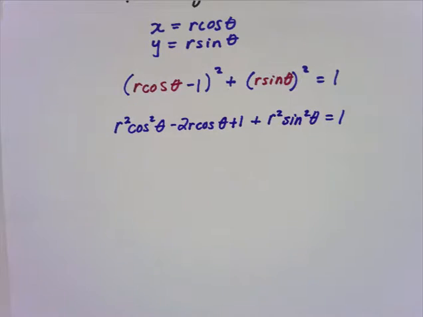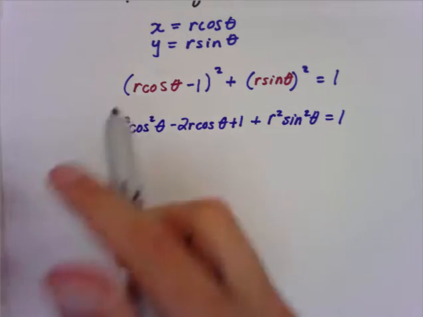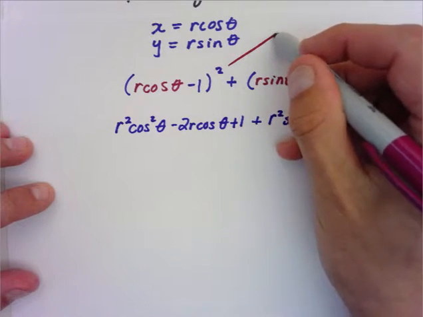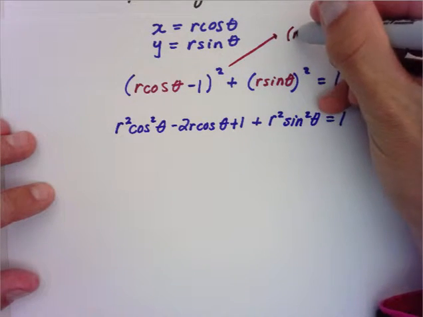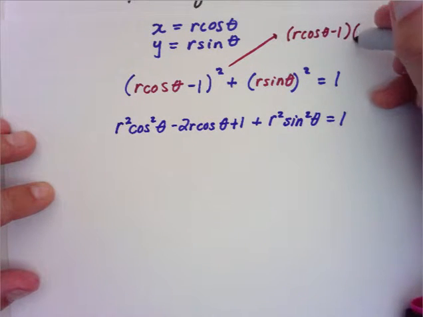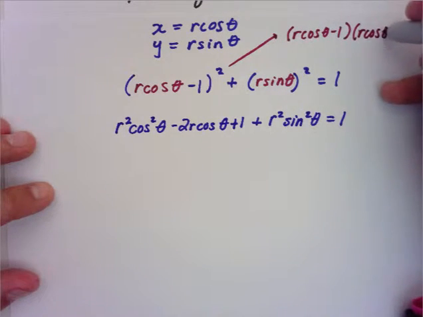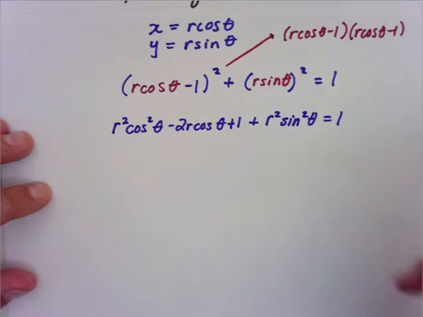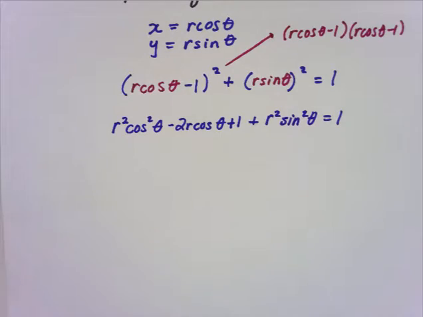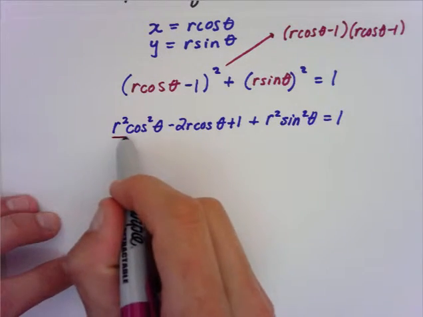If you have trouble thinking about how this multiplies out, you can think of this as r cosine theta minus 1 times r cosine theta minus 1. And then using FOIL, which is really the distributive property. So that's how I got this right here.